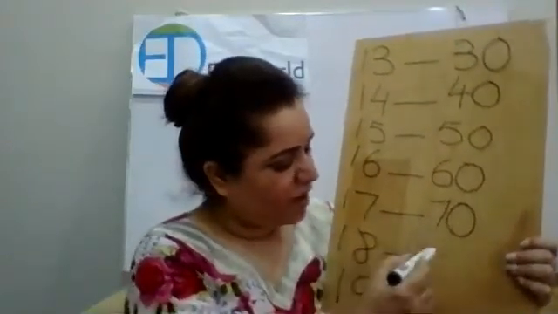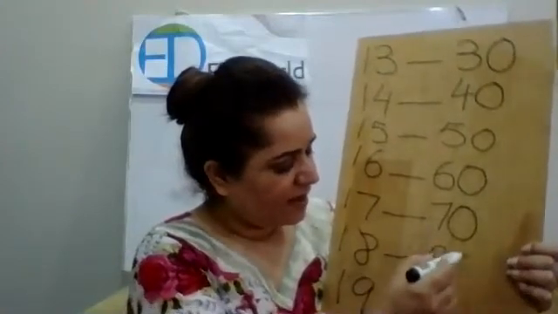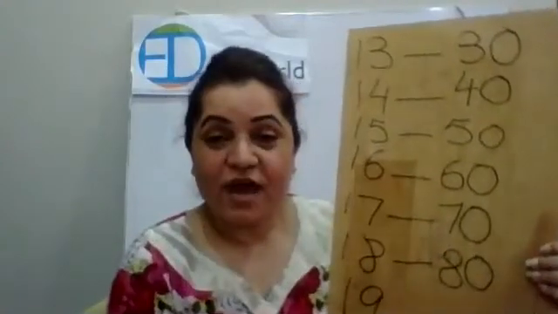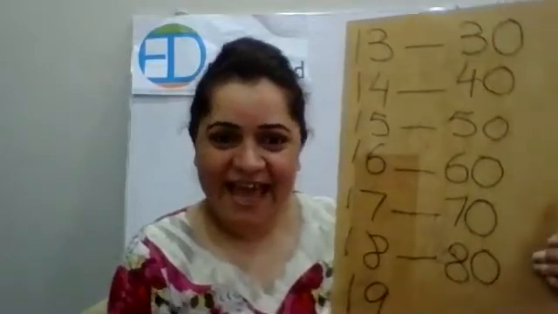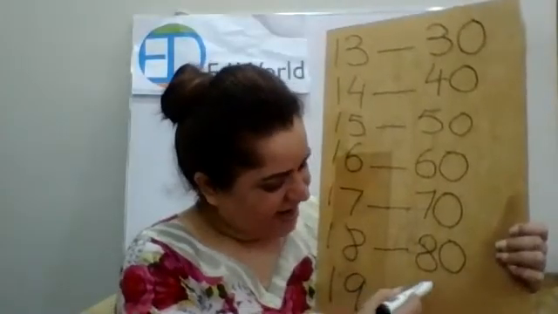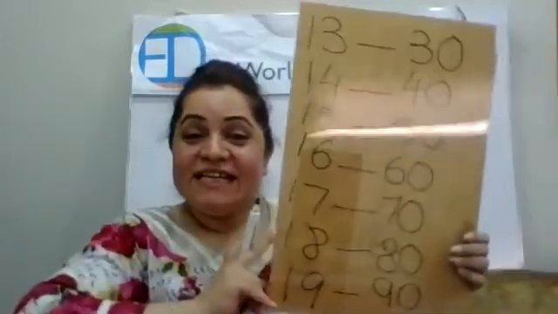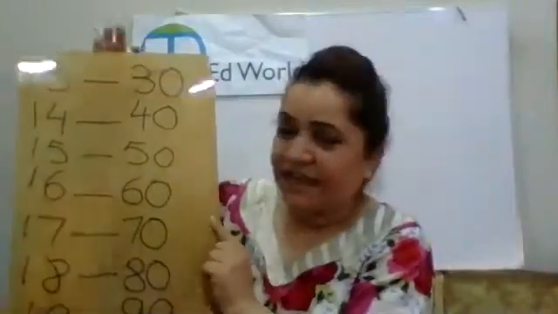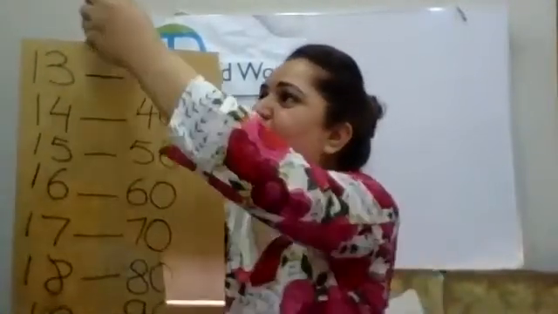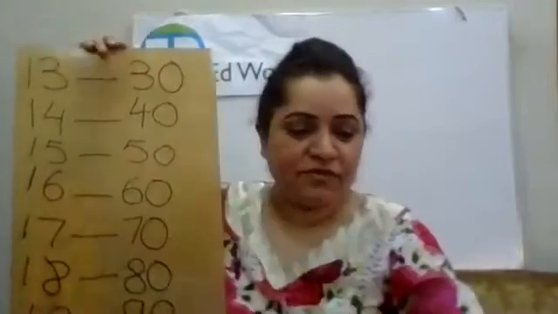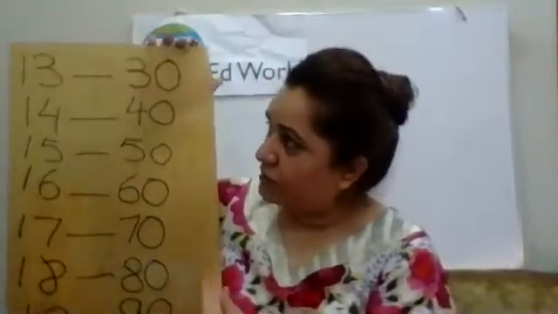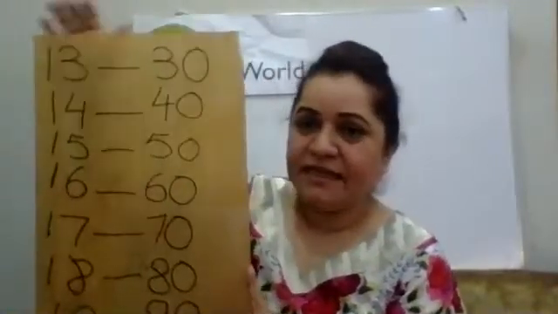Then remove 1, 8, 0. 80. And then 9, 0. 90. Yeah, that's great. So see, we did teen numbers, and today we're going to learn about ty numbers, right?